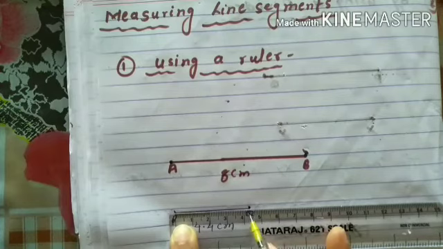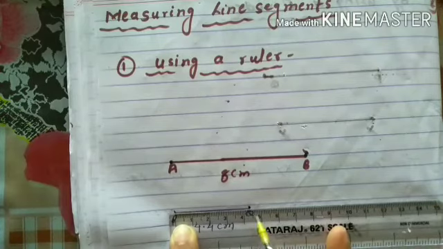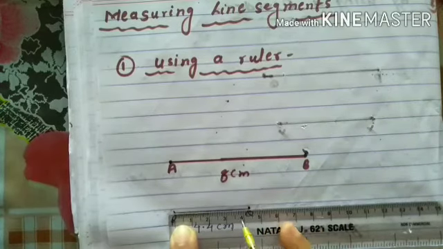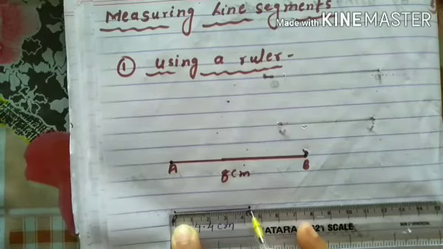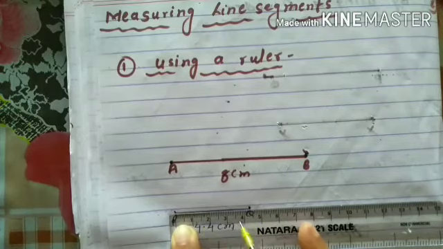So now I have to read these small parts because 10 parts are there between 4 and 5. So it is 4 centimeter, and after that how many small parts are there? 1, 2, 3, 4. So what is the length of this line segment? 4 centimeter and 4 millimeter.